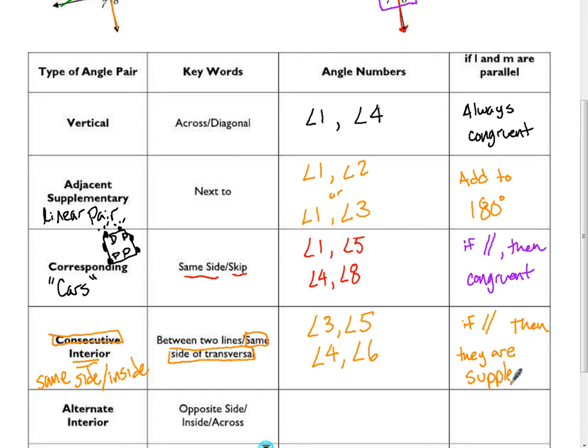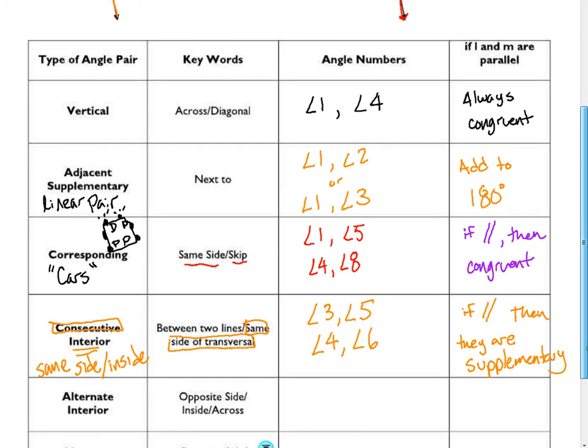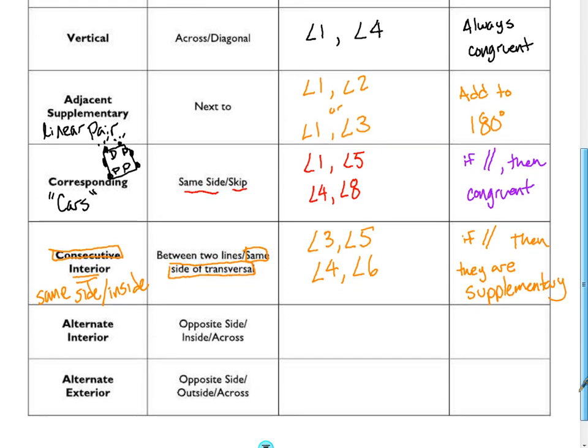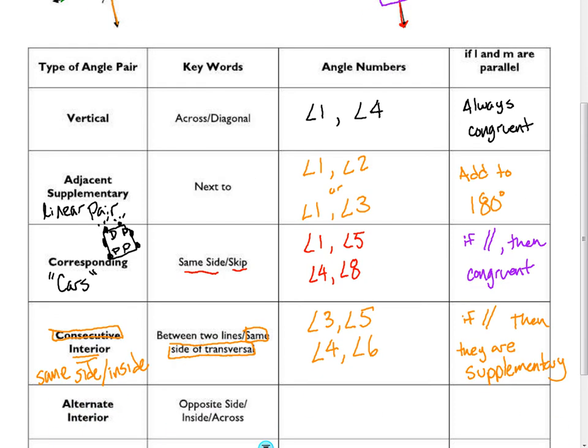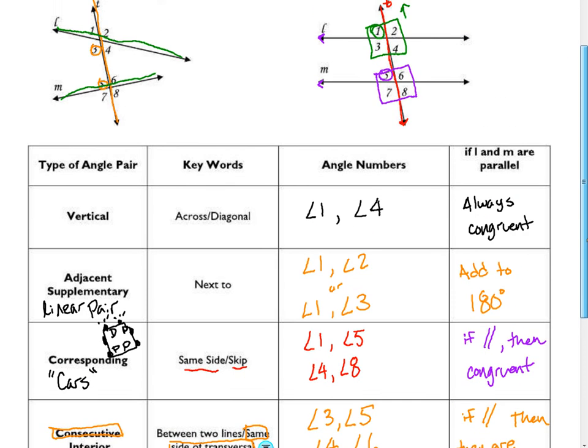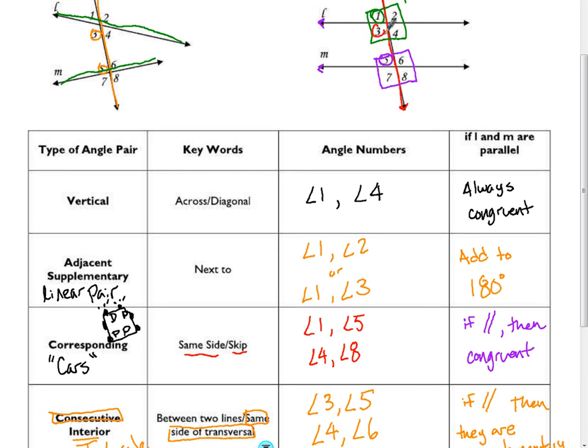Alternate interior, kind of like consecutive interior, but the word alternate doesn't mean same side, it means opposite sides. So consecutive, same side, alternate, opposite sides. So when I look at angle 3 is now going to be associated with opposite side of the transversal, inside the parallel lines, 3 and 6.